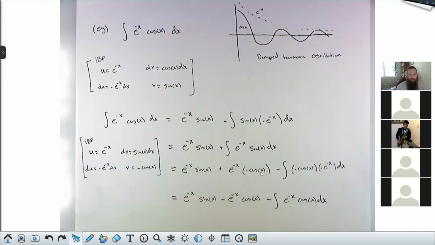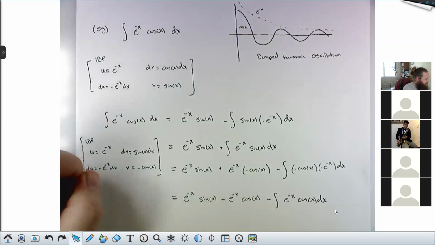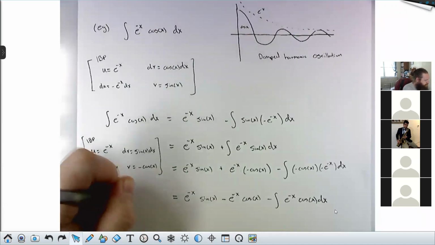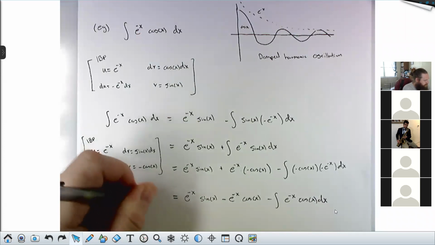So here's the magic. Your original integral is equal to this stuff minus your original integral. Let me just rewrite the left-hand side: integral e to the negative x cos x dx.